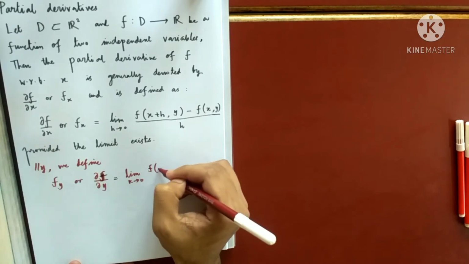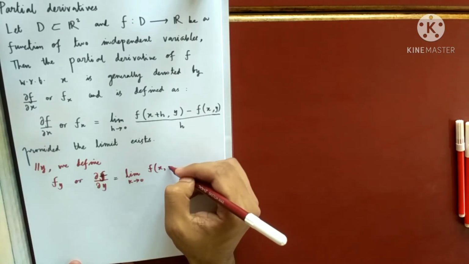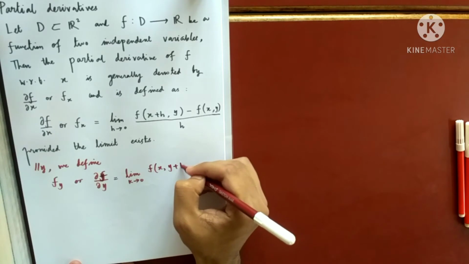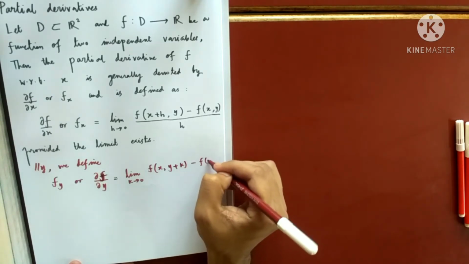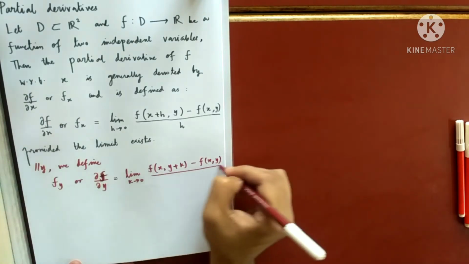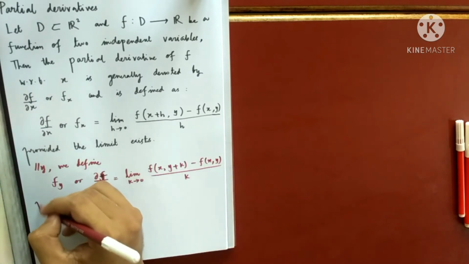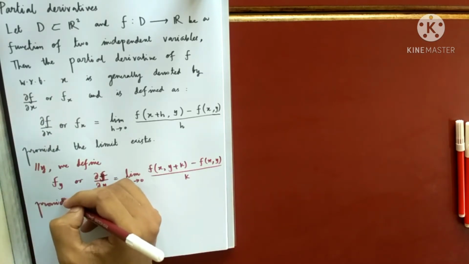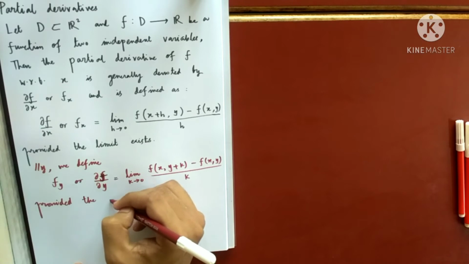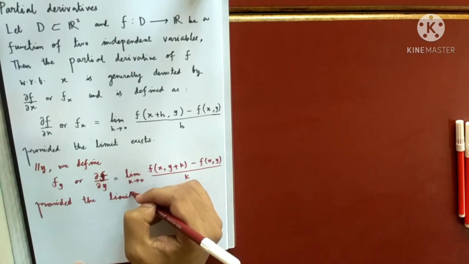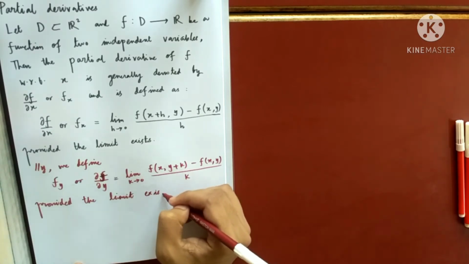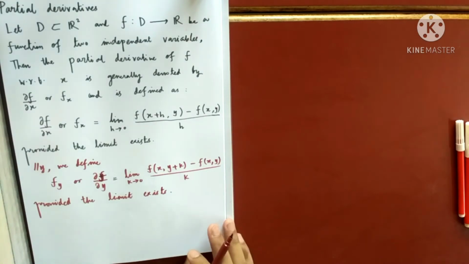Here the first variable is fixed, and there is a change in the second variable: f of x comma y plus k minus f of x comma y, divided by k, provided the limit exists. So this is the definition of partial derivatives with respect to x and with respect to y.